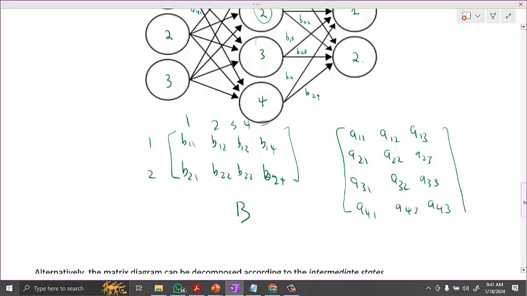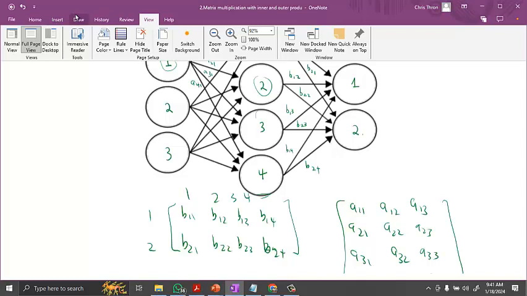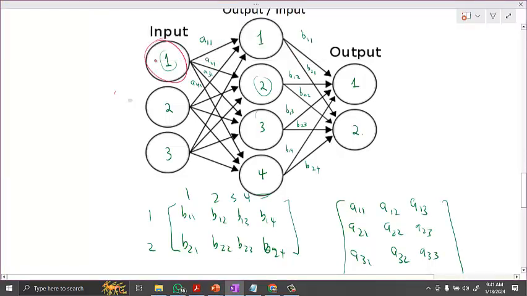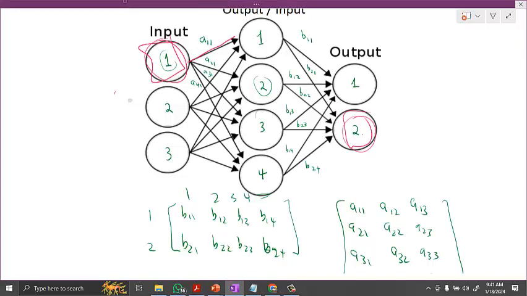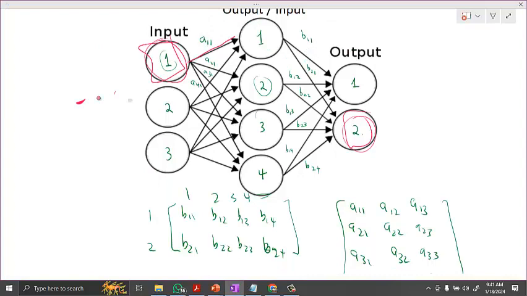Okay. All right, now suppose I want to trace the influence of input 1 on output 2. Okay. So how is input 1 going to influence output 2? Well, input 1 influences this, and then this influences this here.